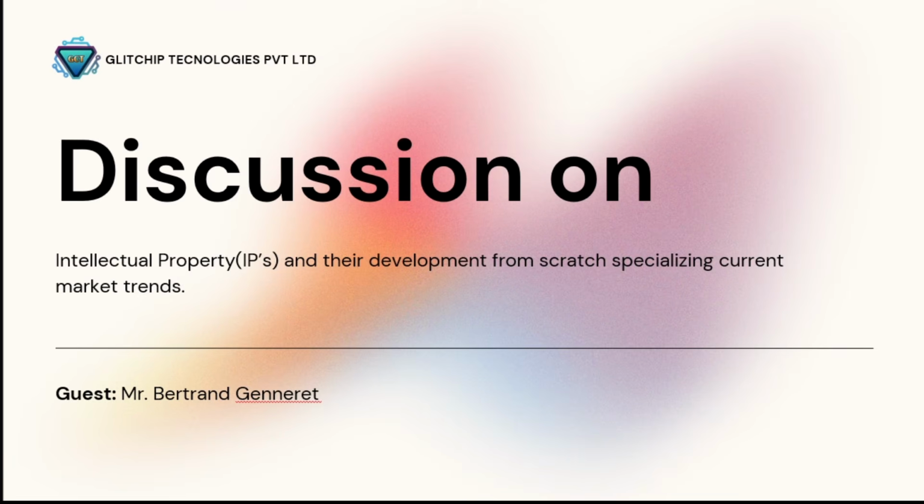Yeah, so there is no simple answer to those questions because there are various parameters to consider. Let's start with a brief explanation about the IP concept, the different IP types, and the advantages and downsides of each of them.